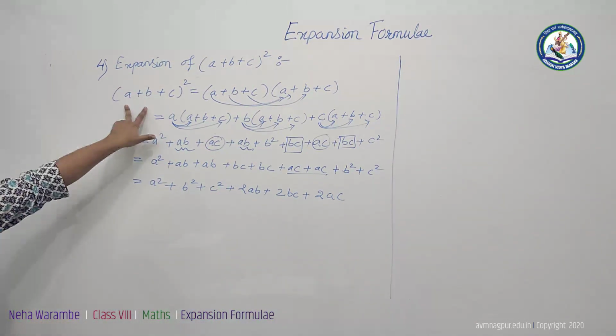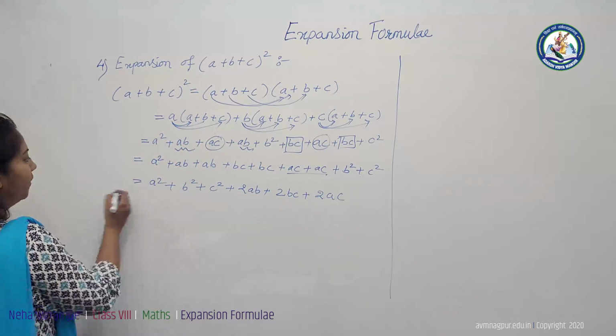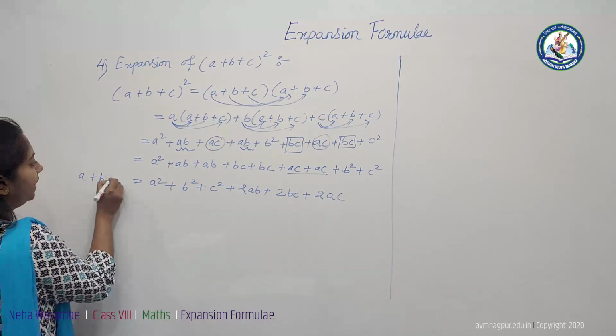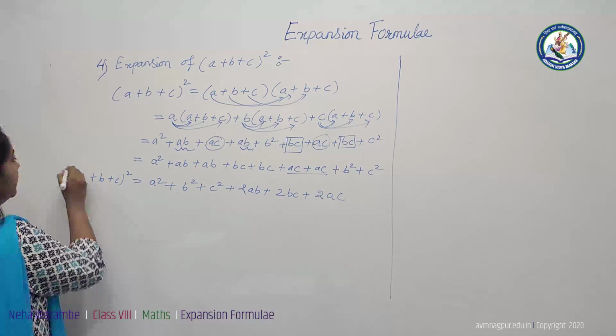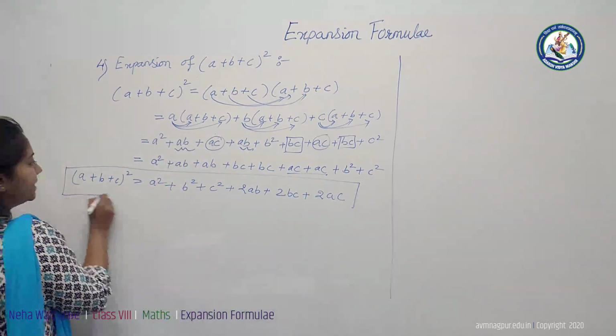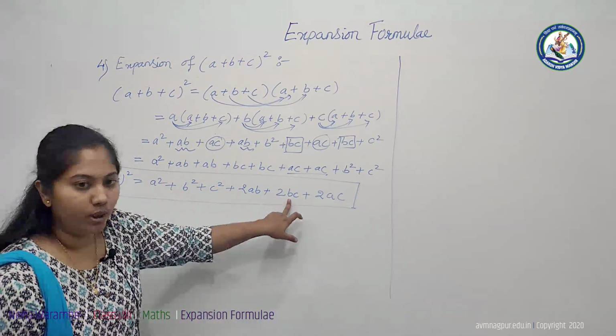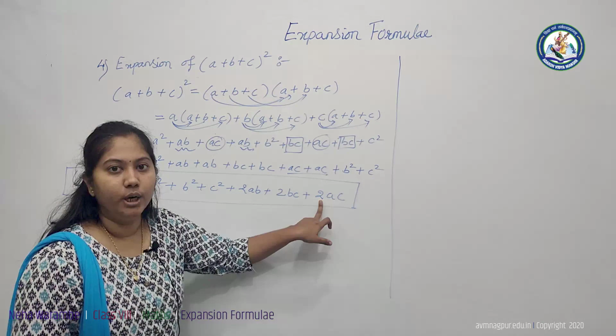Now the expansion of a plus b plus c whole square is equal to a square plus b square plus c square plus 2 into ab plus 2 into bc plus 2 into ac.